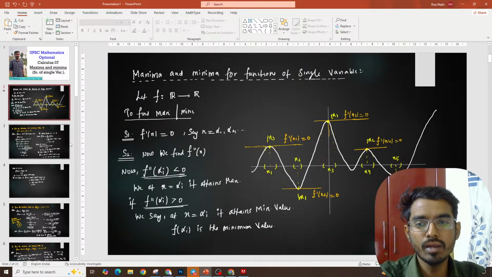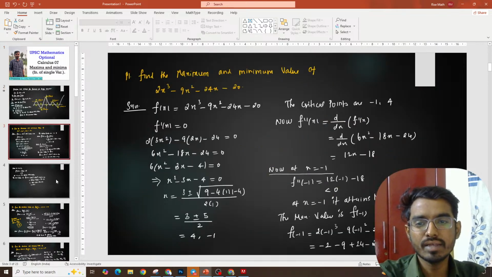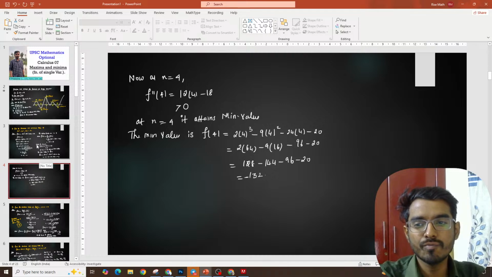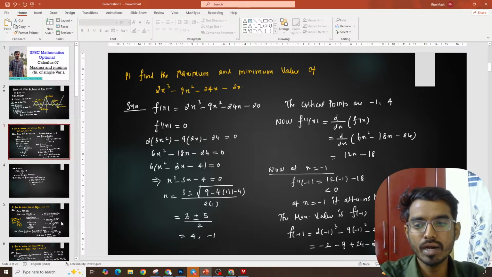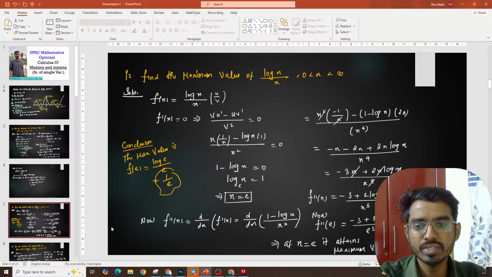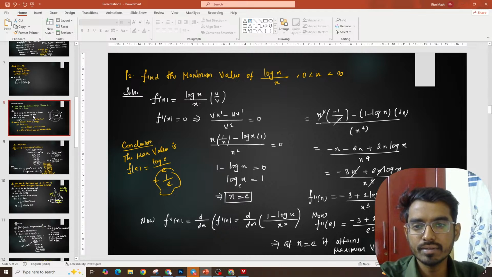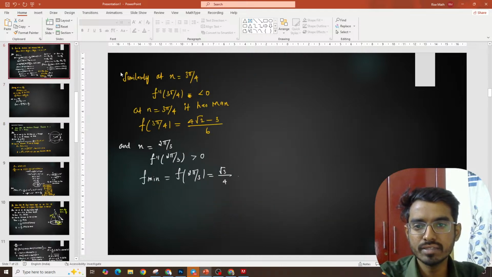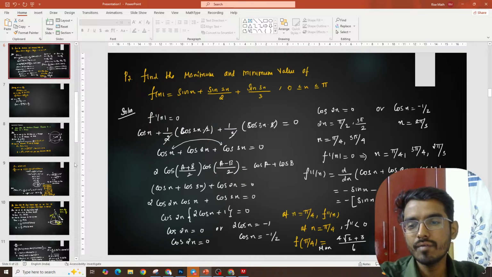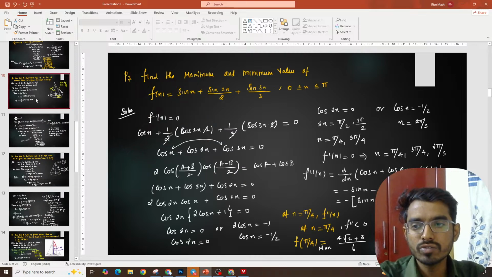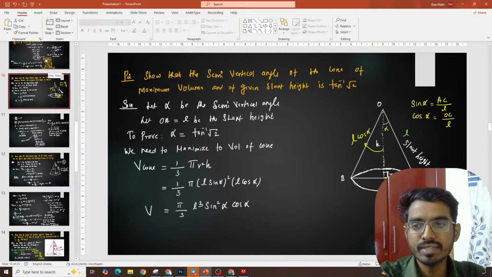We did some algebraic and some function based problems of how to find maxima and minima. First problem, second problem, and then sine x, sine 2x, this problem, right? After that, we started application problems. In the application problems, we did 7 problems.